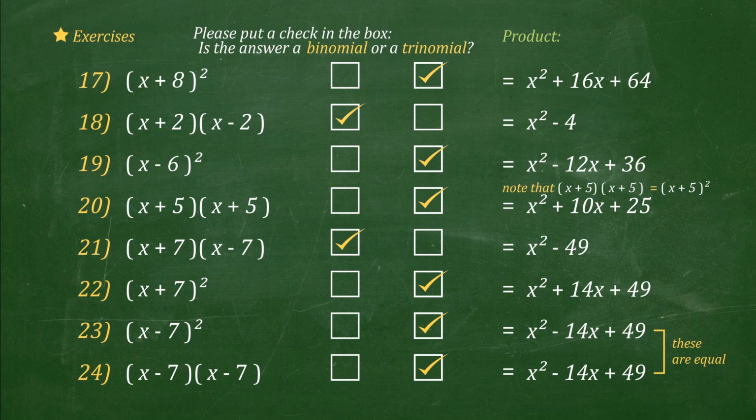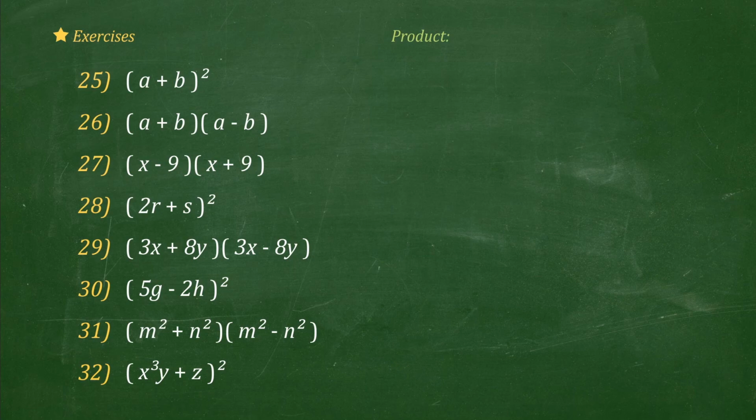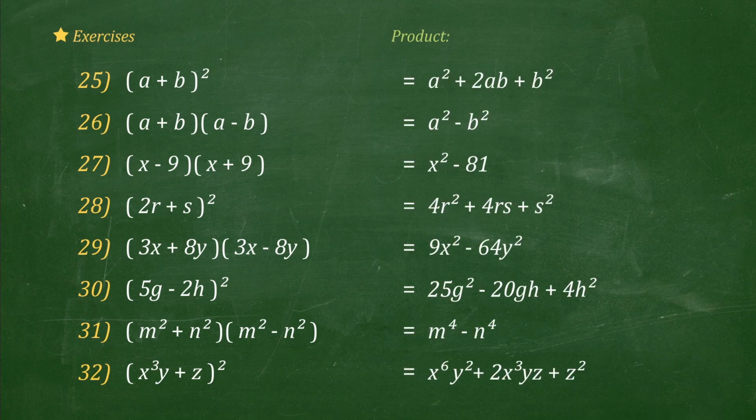Let's try some more. Do these exercises from numbers 25 to 32. Again, you may pause this video now. Go! Here are the answers. Kumusta? I hope you got all of them.